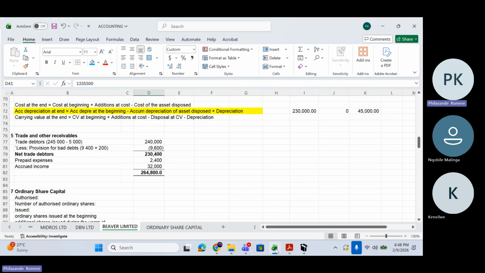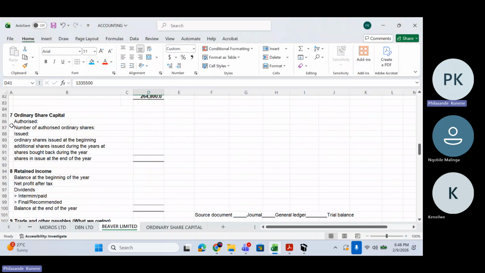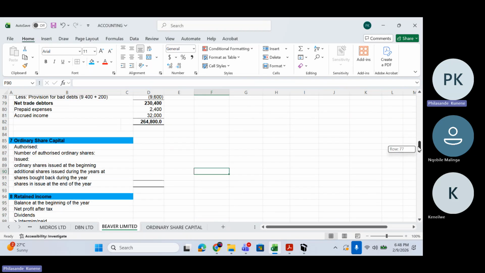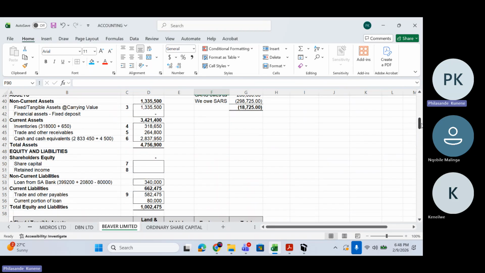Nothing else. But what I want us to do now is the ordinary share capital note and the retained income note. These are the two notes that I want us to work on so that we can complete our balance sheet now. For our balance sheet, we only need share capital, retained income, and the trade and other payables as well.